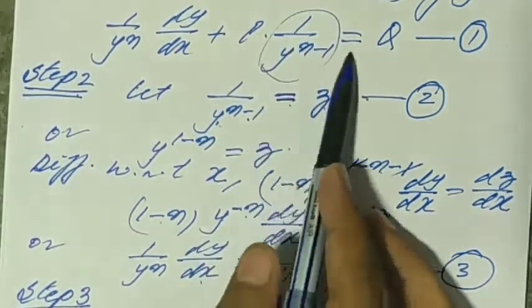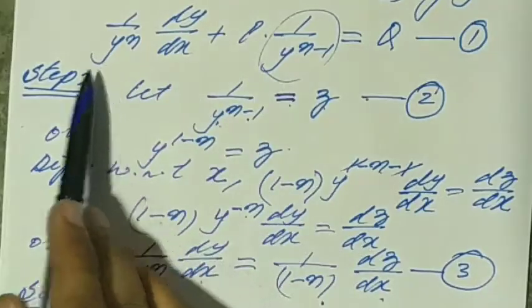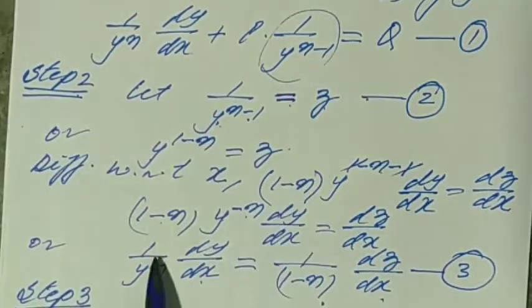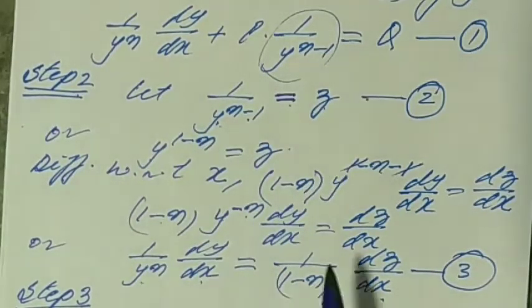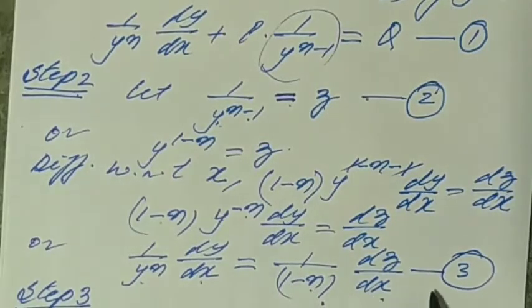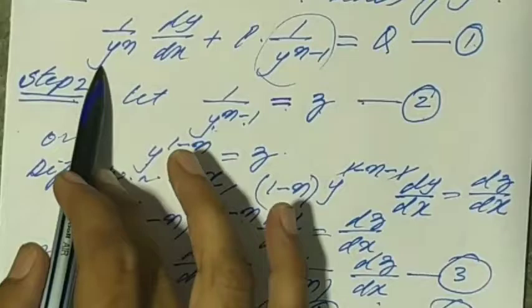So here we write z, and because of this substitution, 1/y^n dy/dx is changed to 1/(1 minus n) dz/dx. So using equations number 1, 2, 3, we get 1/(1 minus n) dz/dx in place of this expression. From equation number 3 we have substituted this.